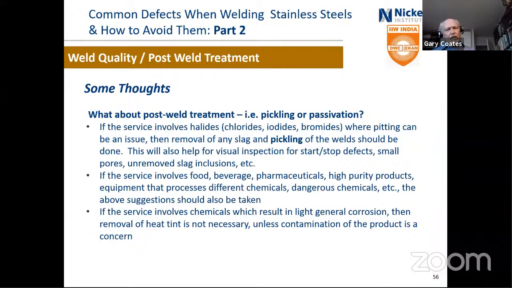Pickling of the weld will also help for visual inspection of start-stop defects on the exterior surface, maybe not the interior, and will uncover other areas that are not perfect. For food, beverage, pharmaceutical, and high purity products, of course you want them to be as clean as possible, so you typically grind the weld flat, and then pickling is a good idea to do afterwards.